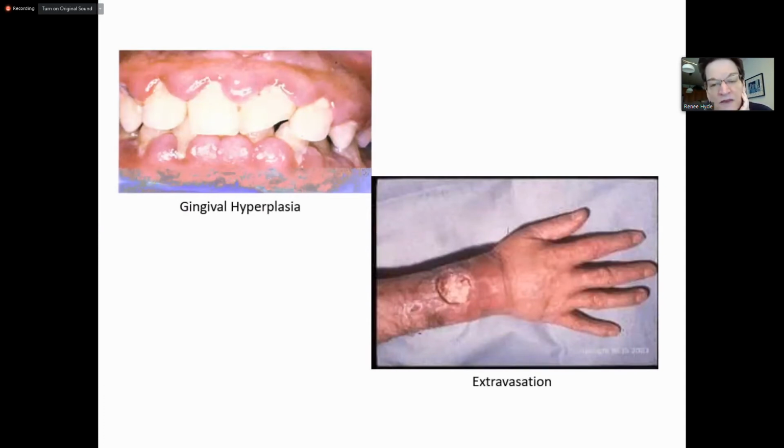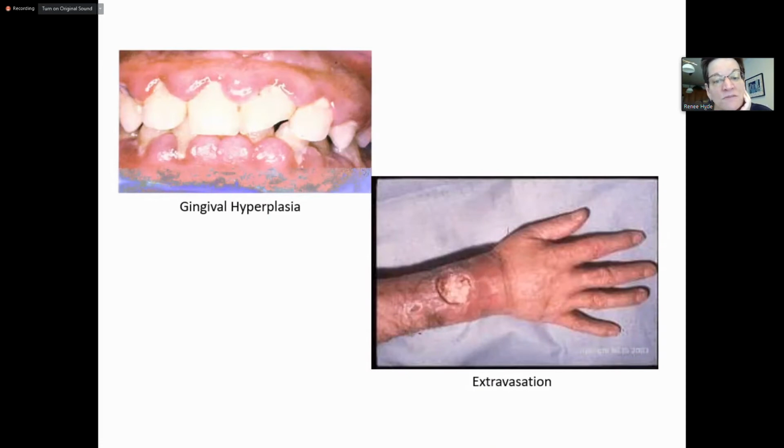The other thing that's extremely dangerous about phenytoin IV is it causes extravasation of the skin. pH is about 4.5. It's an acid. And so it does cause skin breakdown to the point where you may have to have skin grafts in order to close that wound.